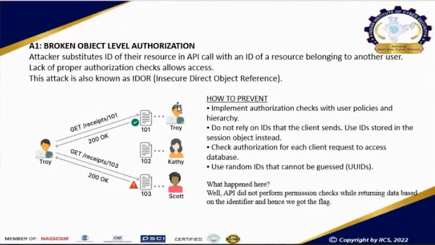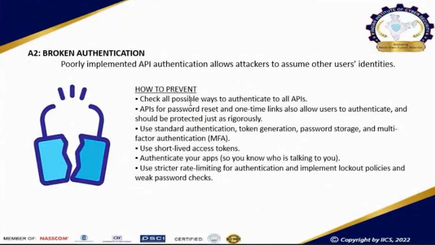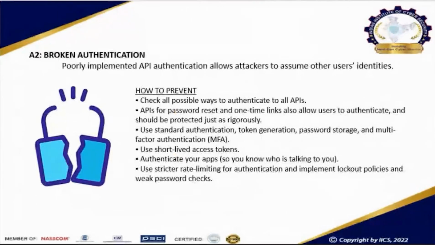And we will go further. Okay, so next we have broken authentication. As the name suggests and as the photo suggests, here the lock is broken, meaning we are breaking the lock.